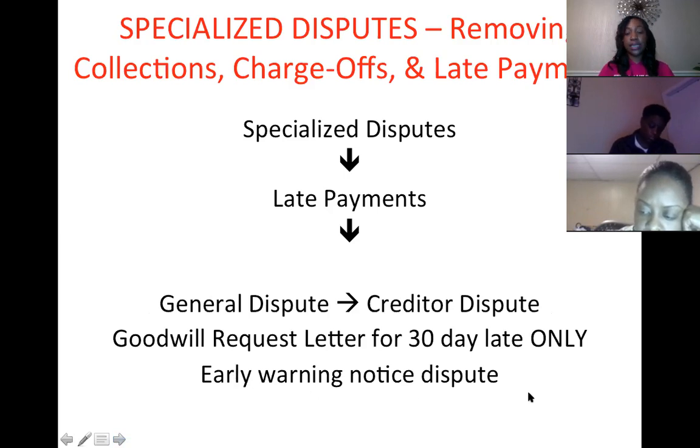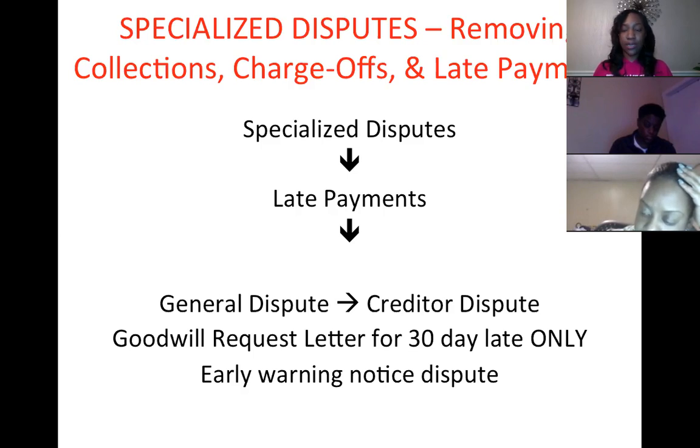Late payments. Again, you want to dispute with the credit bureaus first. If it is a 30-day late payment only, this is not for accounts that got 60 days, 90 days, 120 days. No. 30-day late, you can write a goodwill request letter.